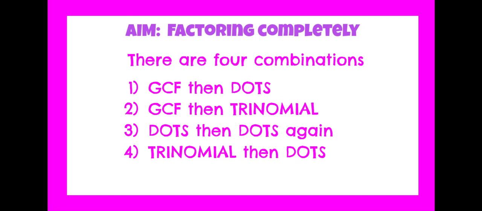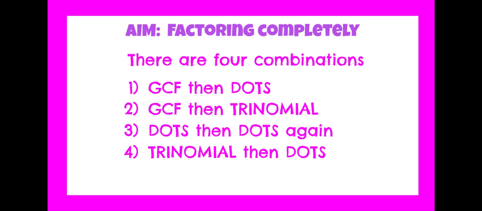So you have to know to factor out the GCF and then do difference of two perfect squares. Or you could factor out GCF and then see that there's a trinomial that's factorable after that. Or you can see that there's a difference of two squares again that could be factored. Lastly, this is the most complicated one, a trinomial then difference of squares. So those are the four types of combinations.